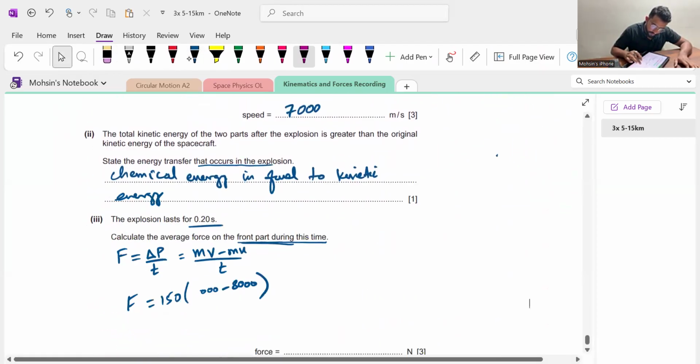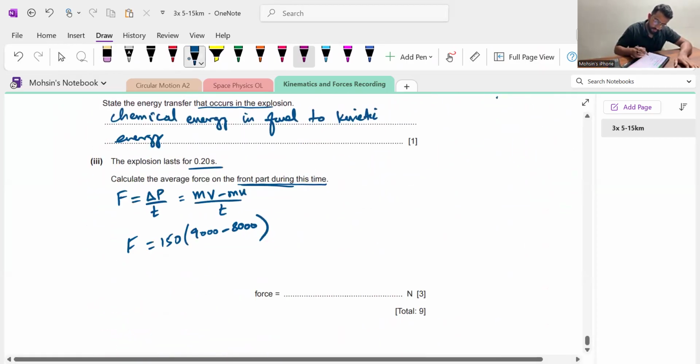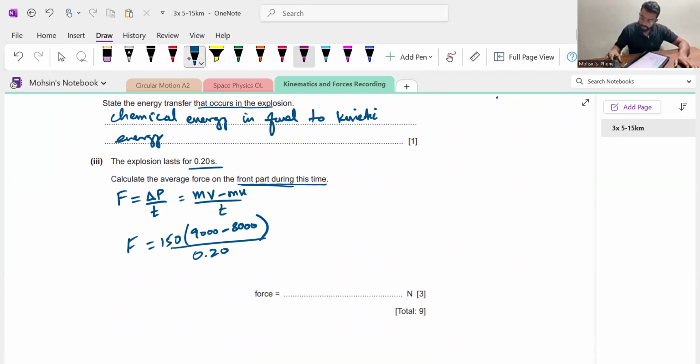The front part has a speed of 9,000, and divide by time, which is 0.20. So 9,000 minus 8,000 is 1,000, multiplied by 150 divided by 0.2. I'm getting 7.5 multiplied by 10 raised to the power 5.